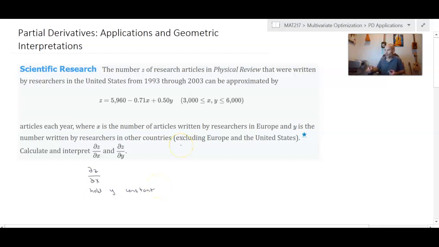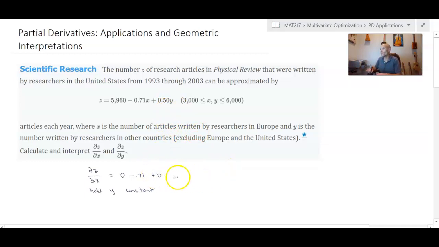In other words, we would treat all other variables besides x as being constant. So the derivative of a constant is 0. The derivative of negative 0.71x is negative 0.71. And remember, we're holding y constant, so this term right here is a constant, and its derivative will be 0.